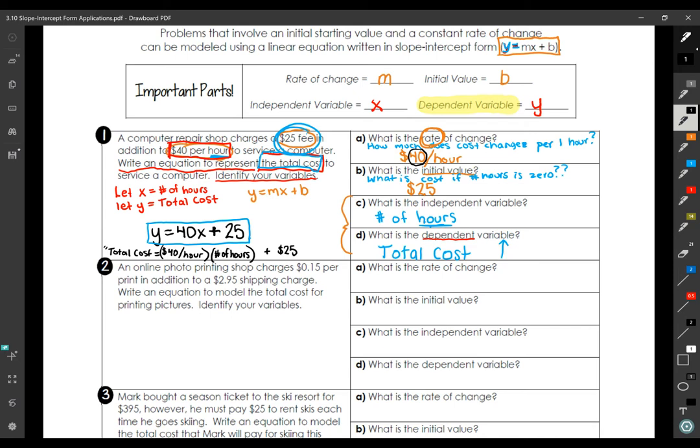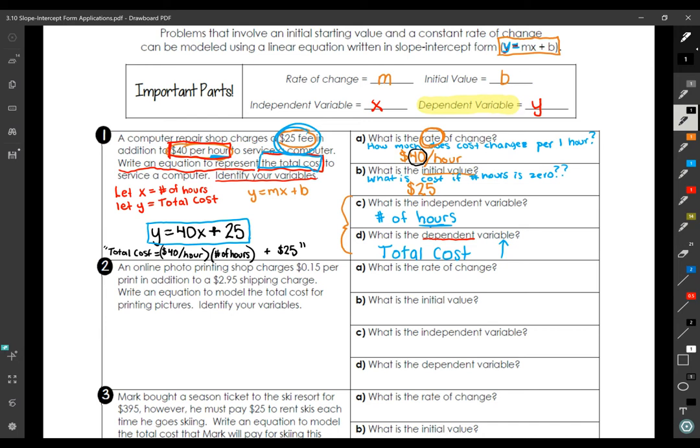That makes sense, right? This is our word equation. So we would multiply the number of hours by $40 and then add $25 to get the total cost.